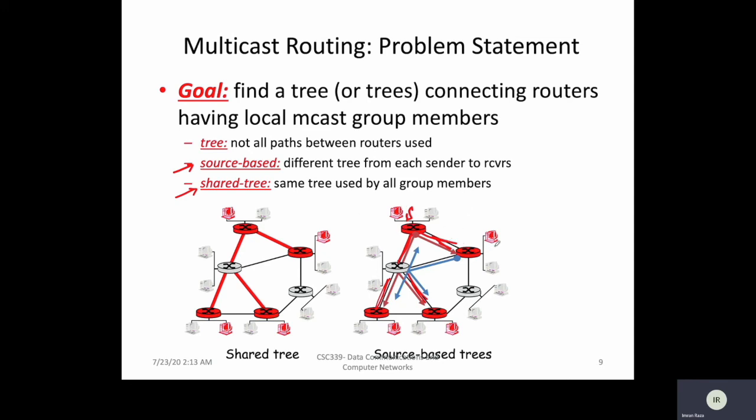But if I change the source, and let's assume that this machine is the source now, this means I have to reconstruct the tree. And now this is the tree represented with the blue color in the diagram, right? Now I will use this tree to send a multicast packet to all the multicast group members here. But in the case of a shared tree, we have one tree that will be followed regardless of the source machine.